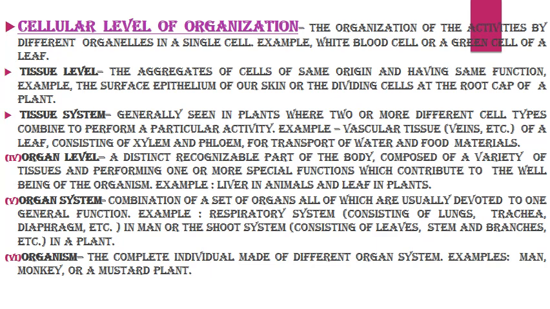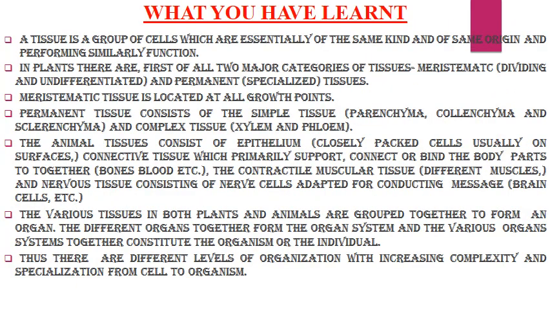Example, respiratory system consisting of lungs, trachea, diaphragm, etc. in man or the shoot system consisting of leaves, stem and branches, etc. in a plant. Next is organism, the complete individual made up of different organ systems. Example, man, monkey or any plant.